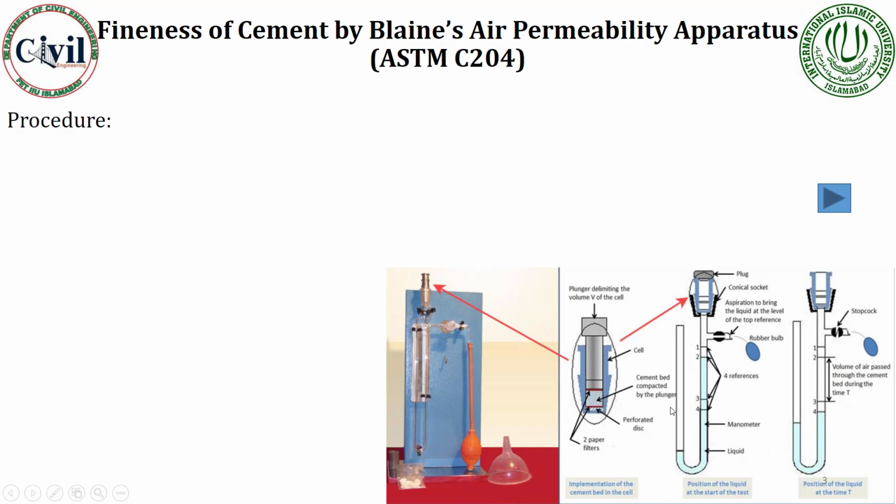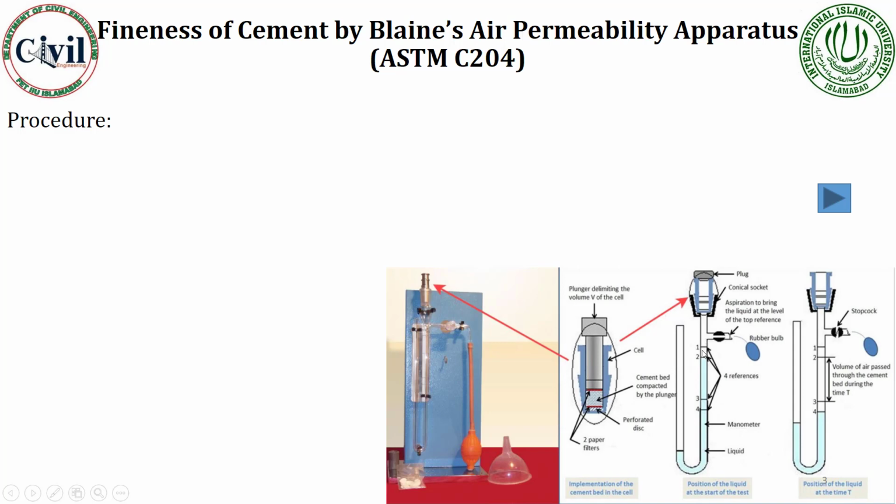We will discuss this later and we will get a clear idea about it. It is also attached with a rubber bulb, with which you apply negative pressure in the U-type manometer so that your manometric fluid is sucked up, and when you release the rubber bulb, the air tends to pass through this perforated tube and then the cement sample, and then evolves into the atmosphere.